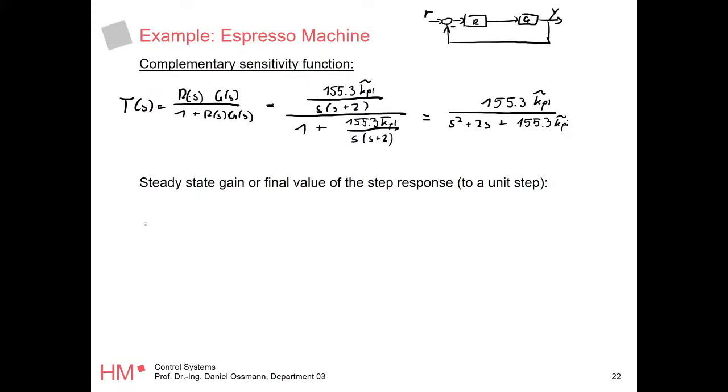You apply the final value theorem, you let s go to 0 because the s over s cancels, and what remains is 155.3 K_PI tilde over 155.3 K_PI. Oh, did I write a 4 before? It doesn't matter, I guess. And this is obviously always going to be 1, right?